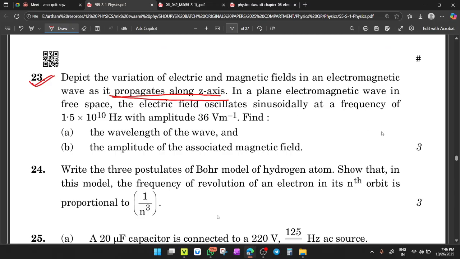The question is of 3 marks, so you will be given marks for each part.